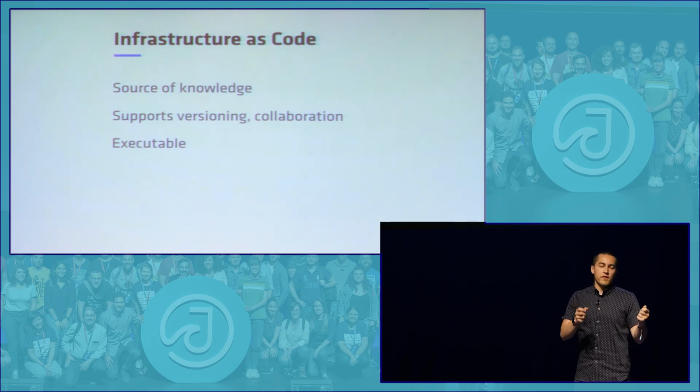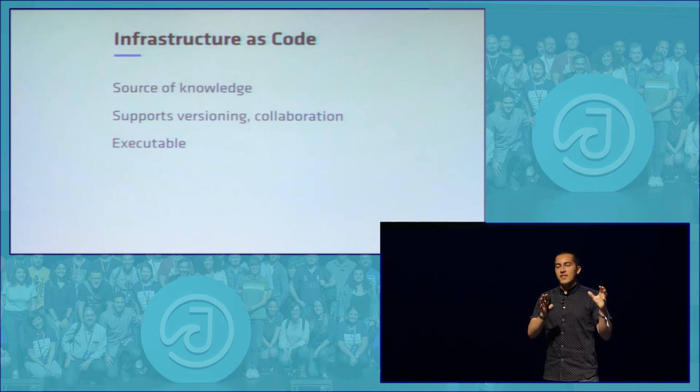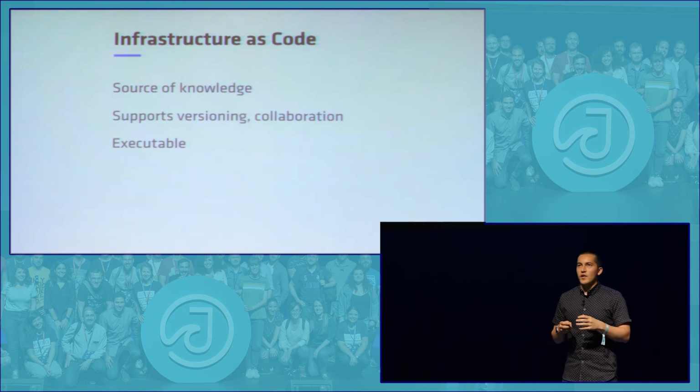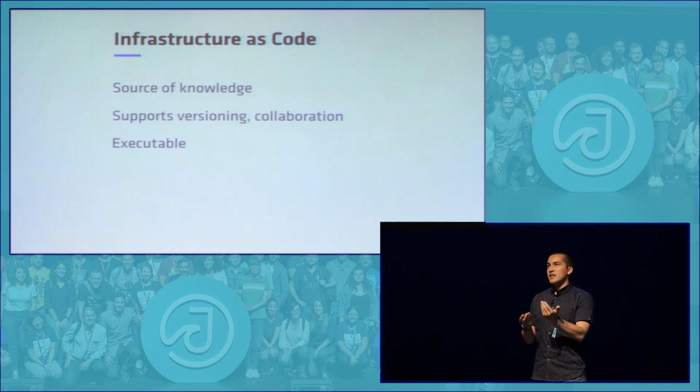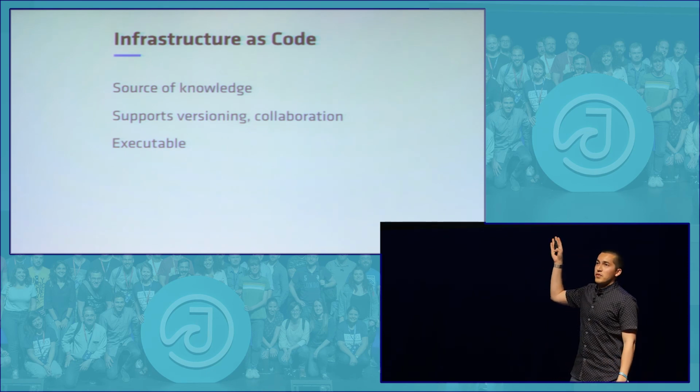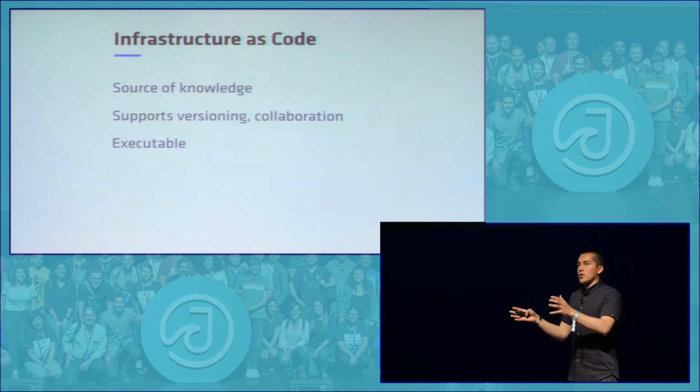If you say write down everything you've learned, that's great, but the problem with those is that they generally become out of date. The typical example is how to create development environments. The README of how to set up your application is usually very quickly out of date. So how do we reconcile these things? Well, we make the source of knowledge both human readable and machine executable.